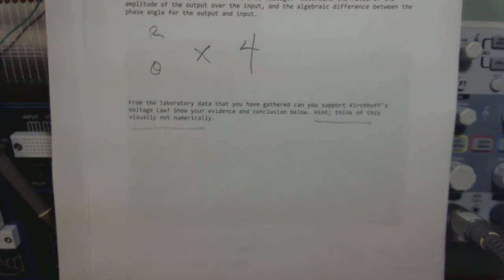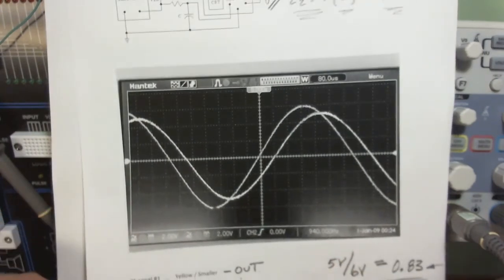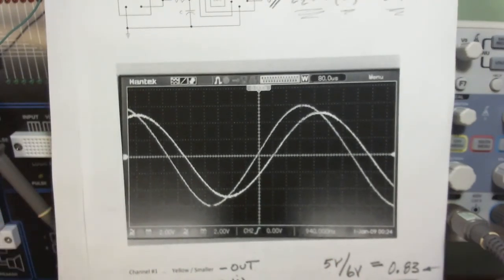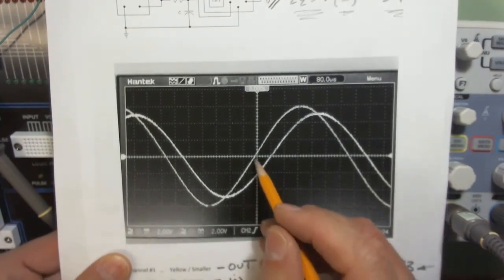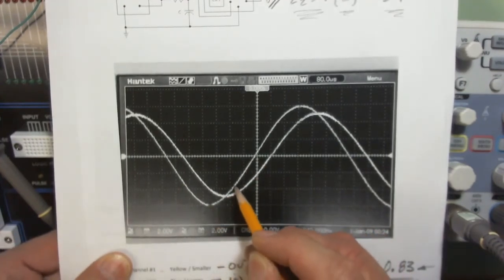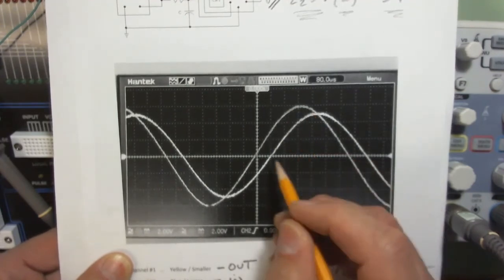Okay, so we're going to see if we can do Kirchhoff's law. What I'm going to do is look at this graph. This larger one is the input signal, right? And I'm going to pick a point that I can reference on this.